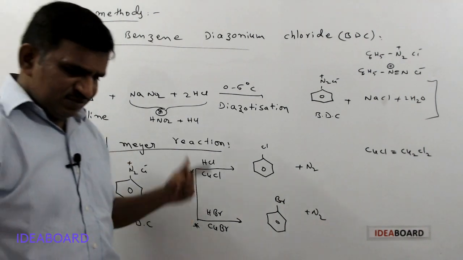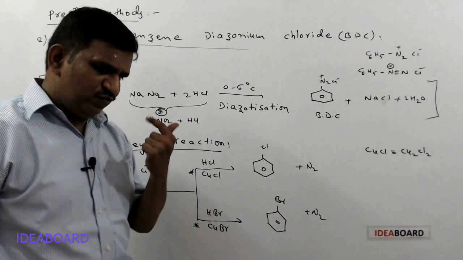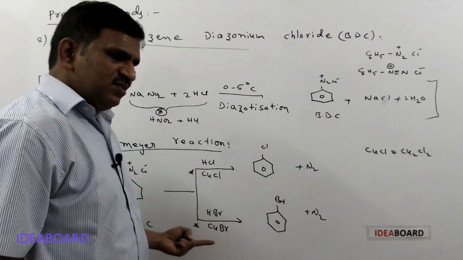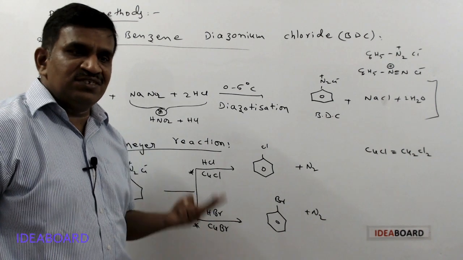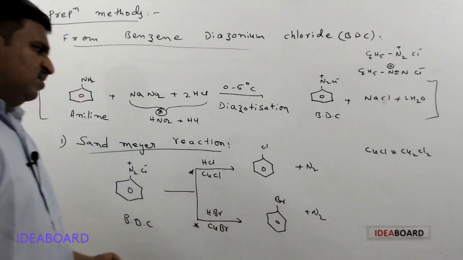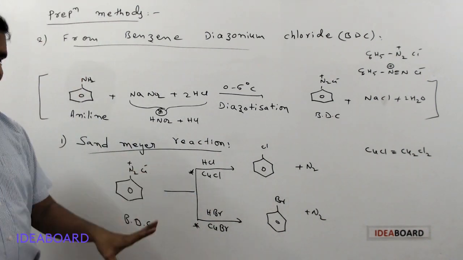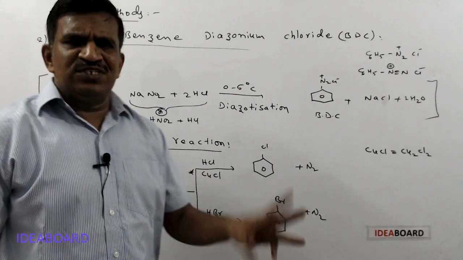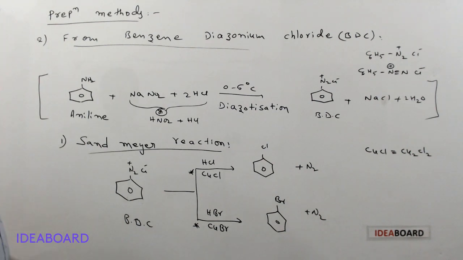And remember, this method is not used for the preparation of fluorobenzene, and not used directly for iodobenzene formation. That is a condition for the Sandmeyer reaction. In this method, chlorobenzene, bromobenzene, and one more, cyanobenzene, can be formed, but that is a different process. That is the Sandmeyer reaction.